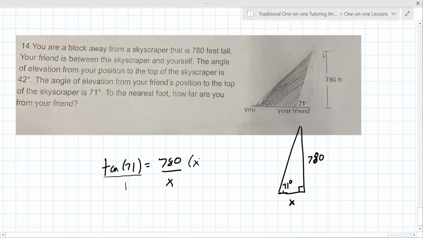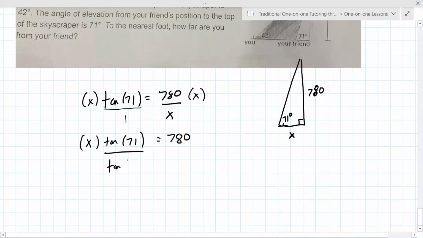Okay, so you have to multiply both sides by x because you've got to get it out of the denominator. x tangent 71 equals 780, and then you divide by tangent 71 on both sides. Oh, okay. So when you're all done, it ends up being 780 over tangent 71.